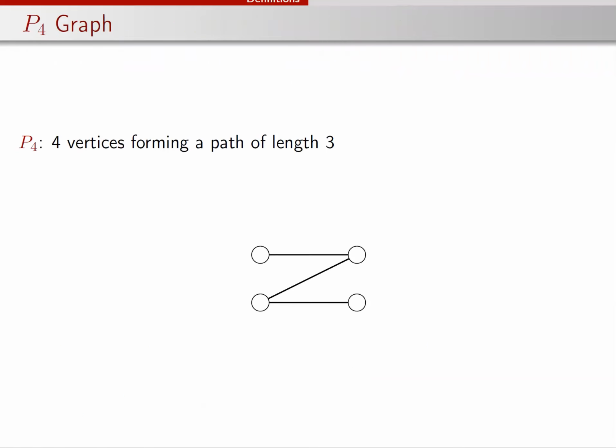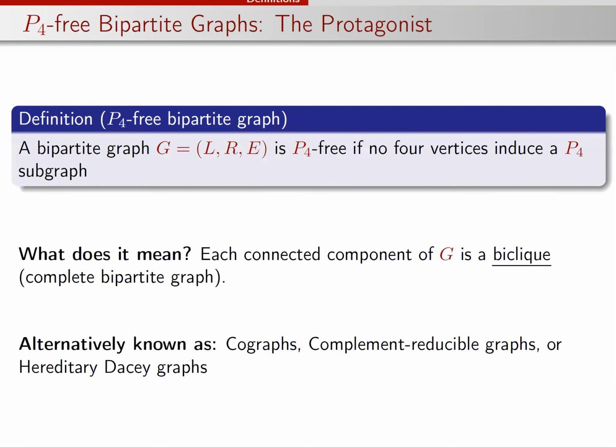A P4 graph is a graph with 4 vertices, forming a path of length 3. And as you can see in the picture, we say that a bipartite graph is P4-free if no 4 vertices induce a P4 subgraph.